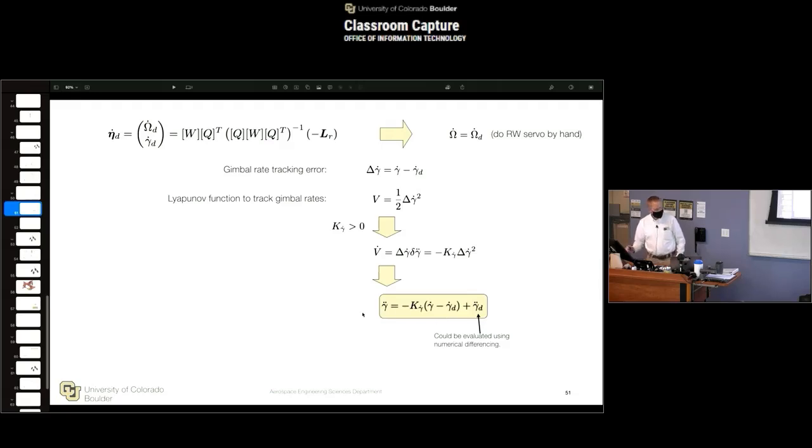And then if you plug gamma double dot into the gimbal motor torque equation, it was UG equal to some inertia times gamma double dot and other stuff. That's what goes in. But the gains come from your servo. And here, same thing. You may have a gain, or you may just do it open loop, no gain. A lot of people do that with reaction wheels. They count on the outer loop to keep the whole thing stable if you're off a little bit.